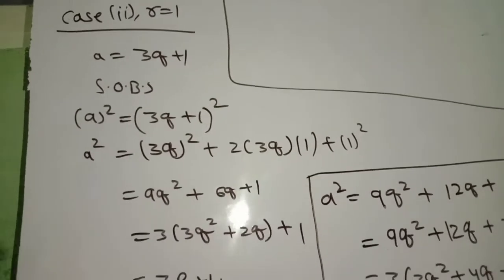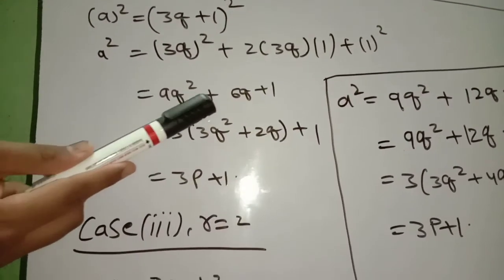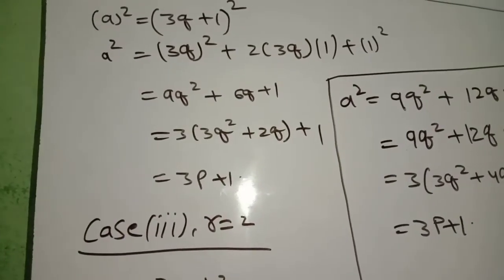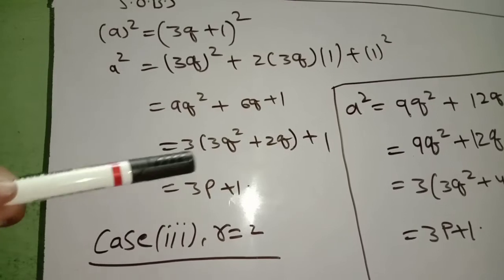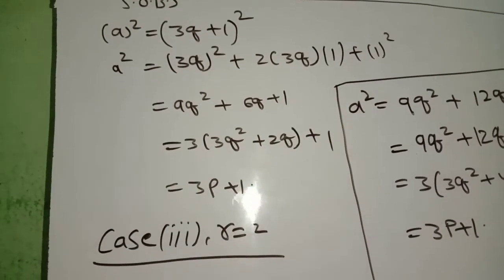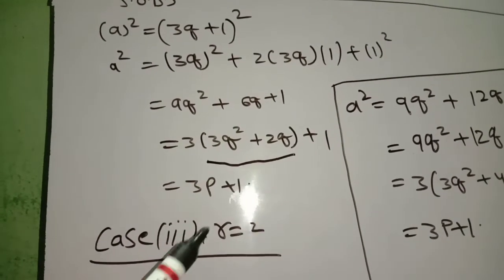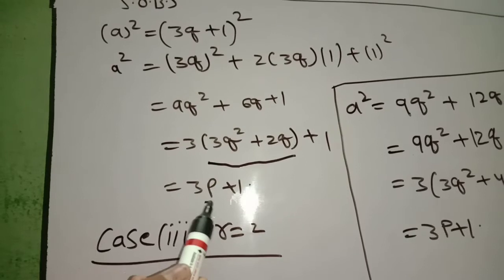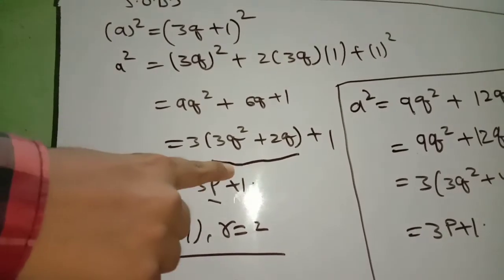So a square becomes 9q square plus 6q plus 1. If we take 3 common in 9q square and 6q, then it becomes 3 of (3q square plus 2q) plus 1. So we have taken this whole 3q square plus 2q as p again. So it becomes 3p plus 1.